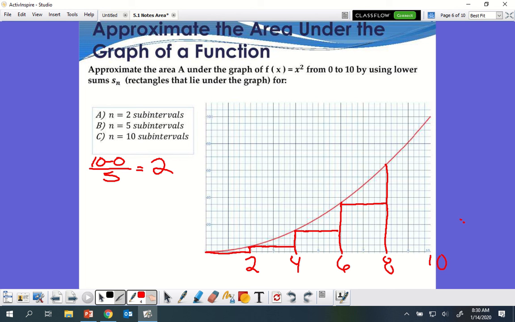Okay, my last interval here would be, what's the height? 64. 64 times 2? 128. So I have 128 plus 72 plus 72 plus.